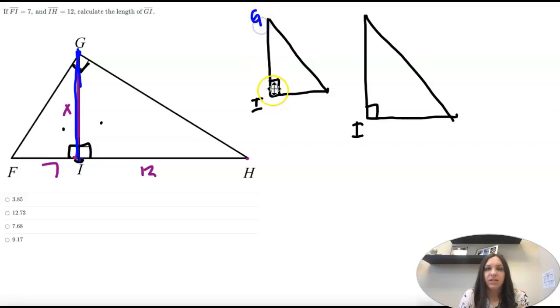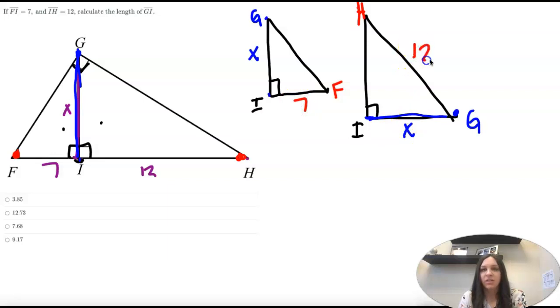So the G's here, I to G, that side is X, and then over here, it's I to G, and that side's X, right? And then our last one, I have F, and then to H. And those sides are 7 and, not that one, it's I to H, 12. Sorry, I wrote on the wrong spot.